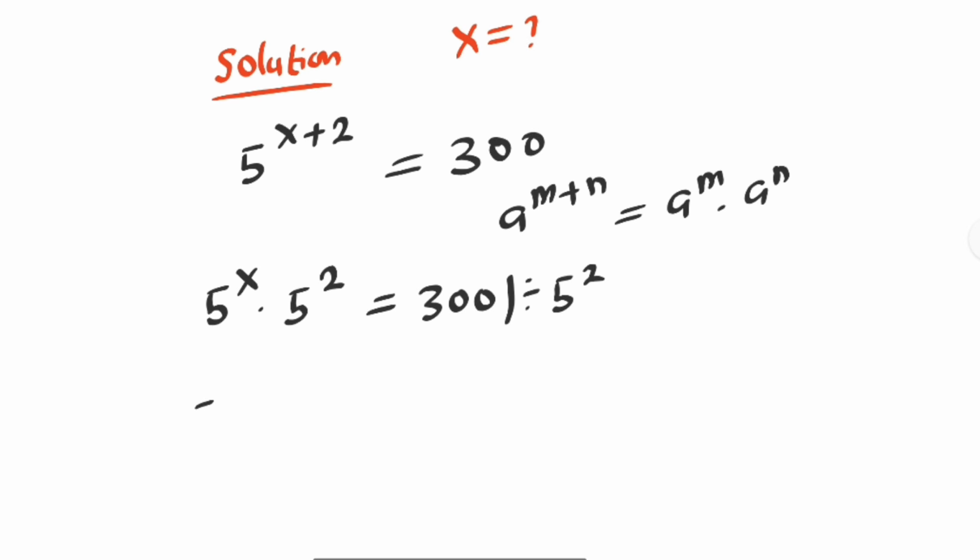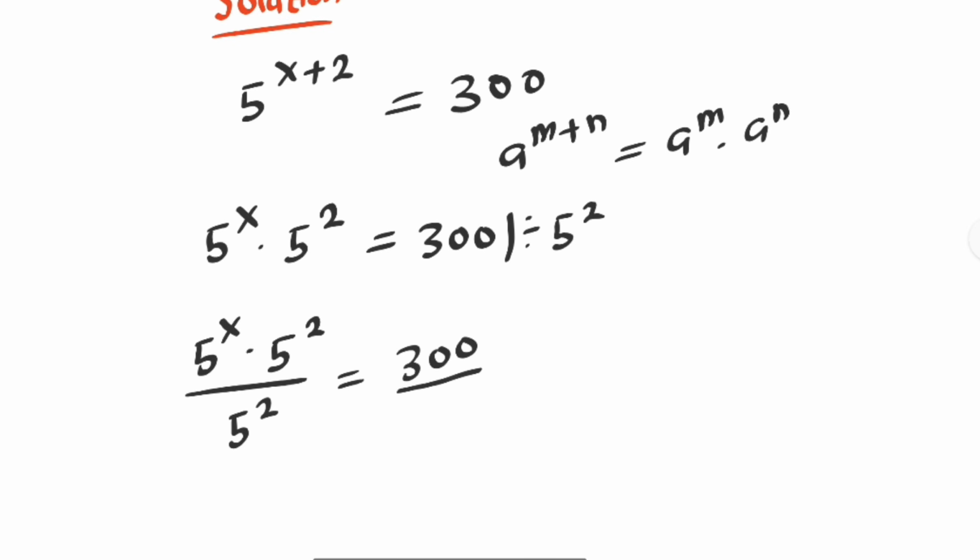Now here we have 5 raised to power x multiplied by 5 squared divided by 5 squared is equal to 300 over 5 squared.